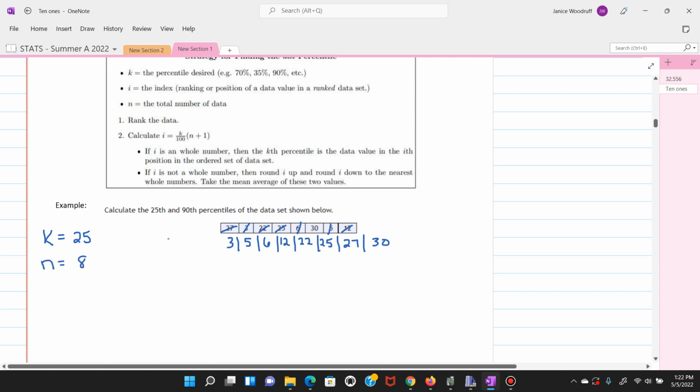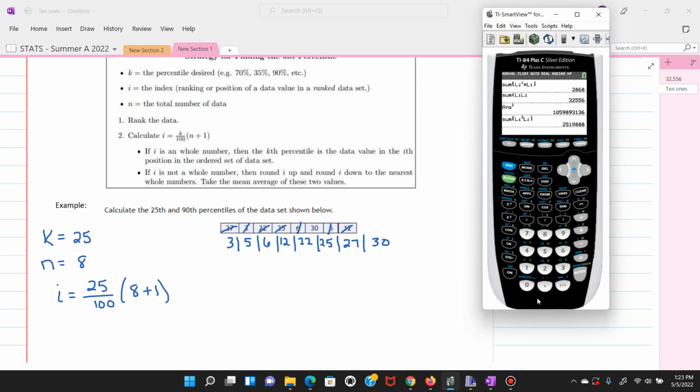We're going to go I equals K over 100, times N plus 1. So 25 divided by 100 times 9 is going to be 2.25.